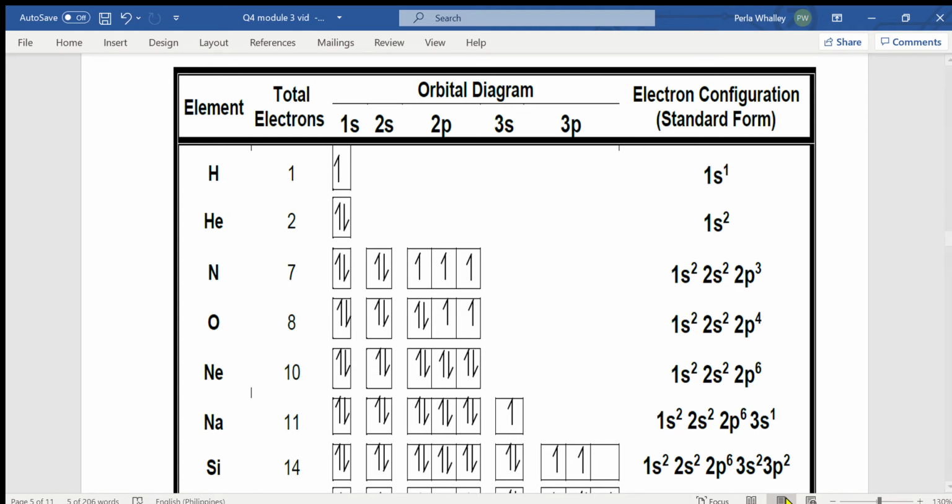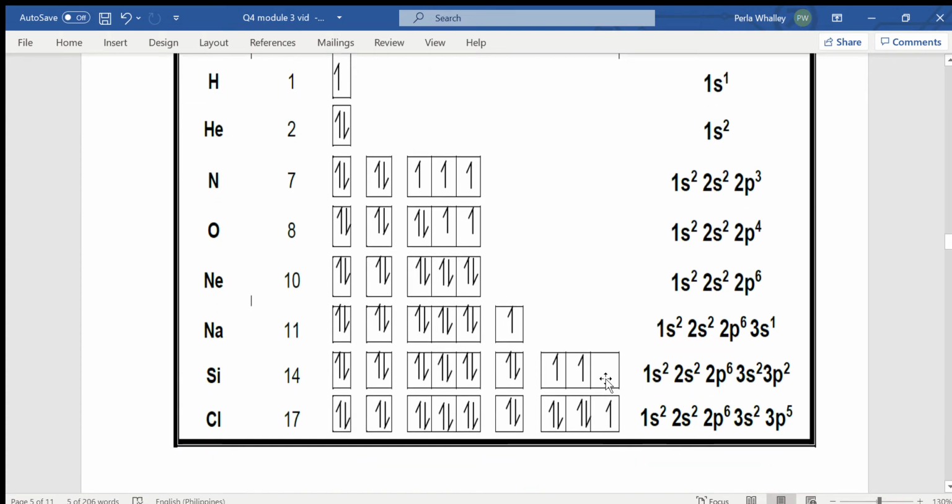And 3p, we have arrow up, arrow up. The third box is unfilled, empty, so there are 2 unpaired electrons.